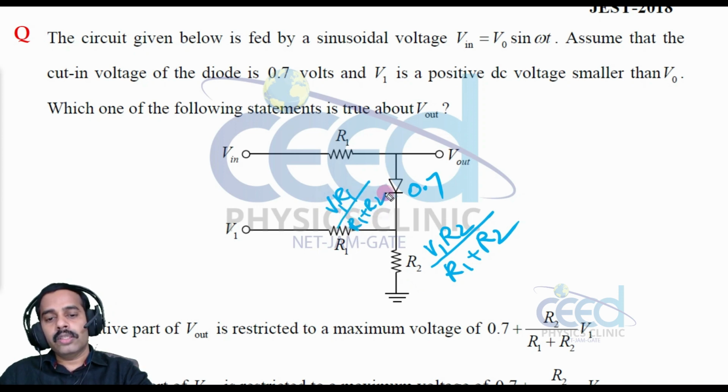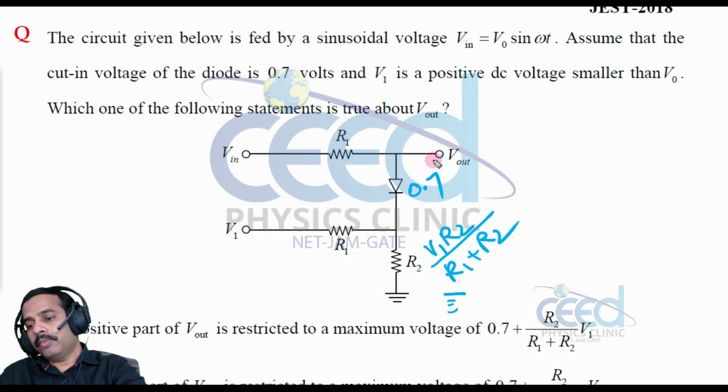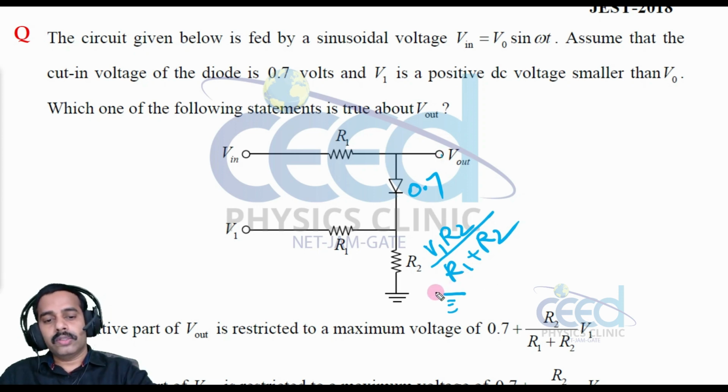The output we usually take across ground and this terminal.